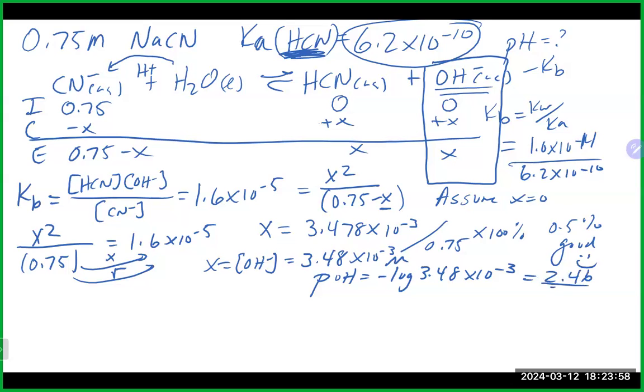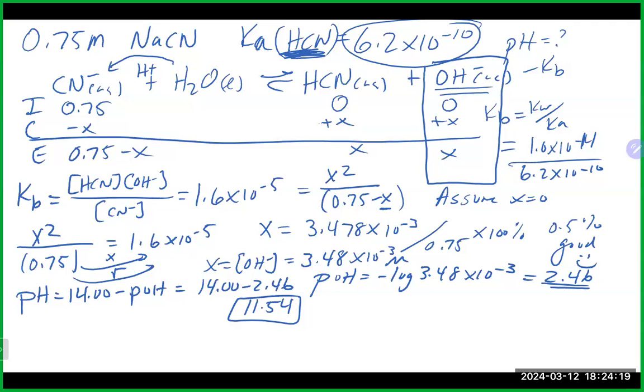Once again, if for some reason you were thinking that's the pH, it should not make sense to you. So we do need to take our pH, which will be 14 minus our pOH. That gives us 14 minus 2.46, and that's 11.54, which definitely is basic and does make sense in this case.